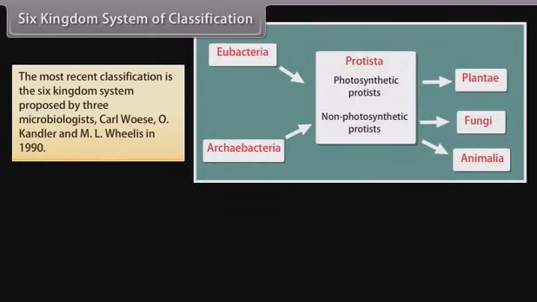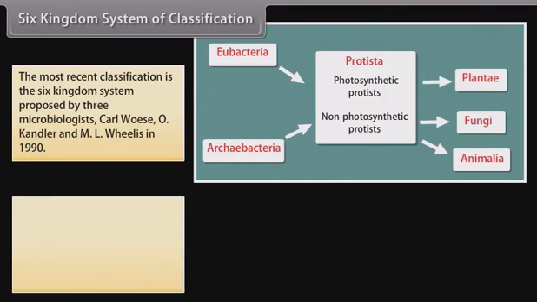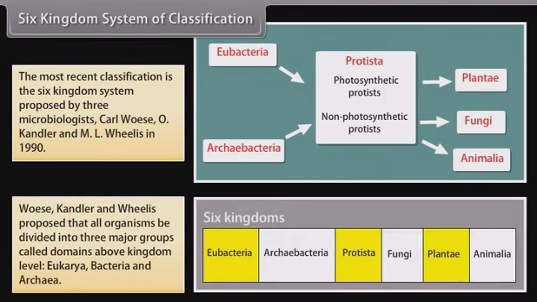Six-kingdom system of classification. The most recent classification is the six-kingdom system proposed by three microbiologists, Carl Woese, O. Candler, and Emil Wheelis in 1990. Woese, Candler, and Wheelis proposed that all organisms be divided into three major groups called domains above kingdom level: eukarya, bacteria, and archaea.